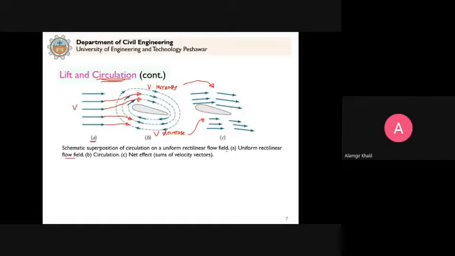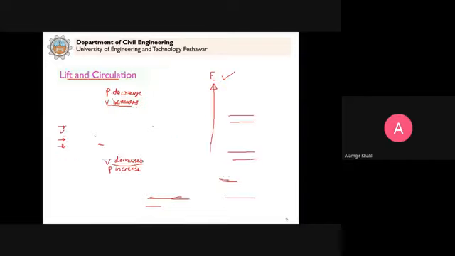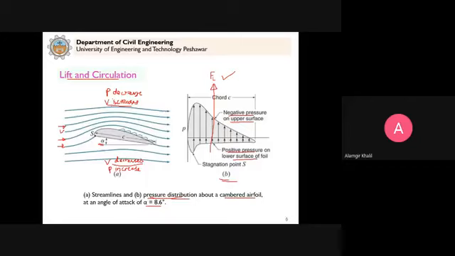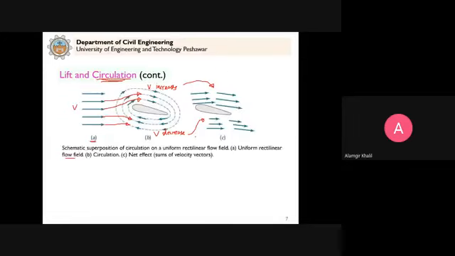So now we understand why velocity increases and decreases, and because of this increased and decreased velocity we have pressure change, and because of the pressure change we have this force developed on the body. Clear? So now the next question is where this circulation comes from.